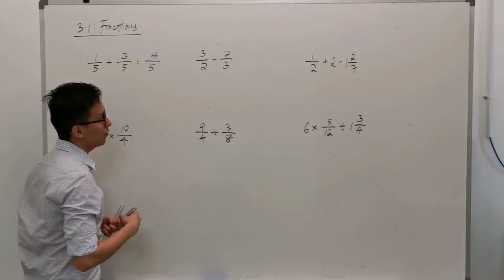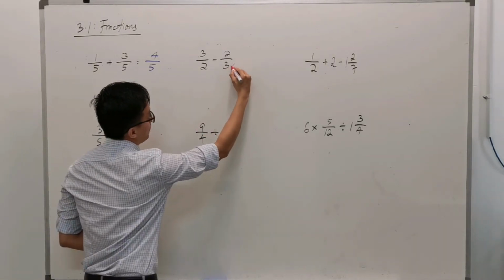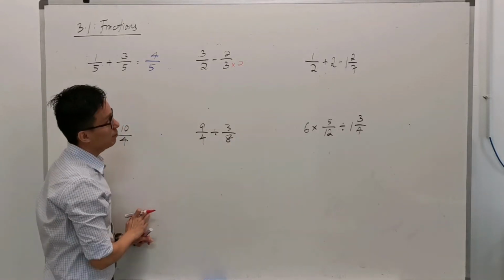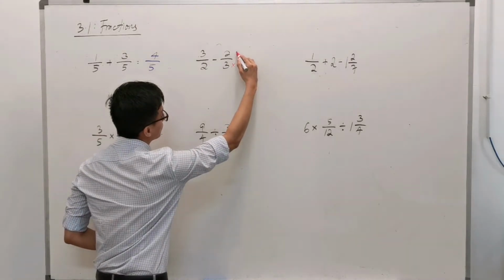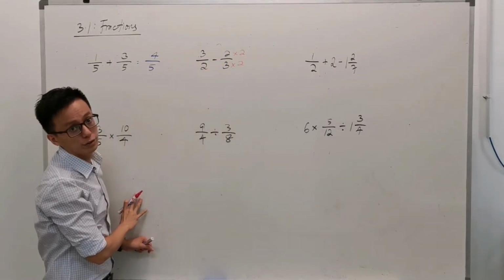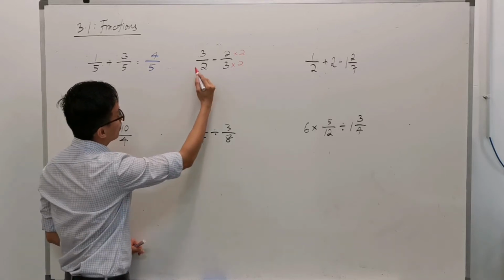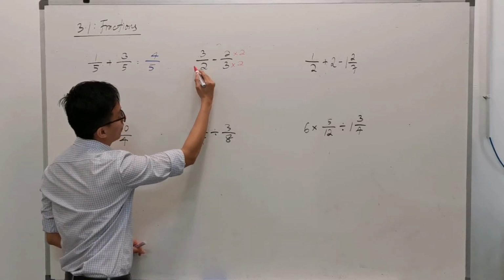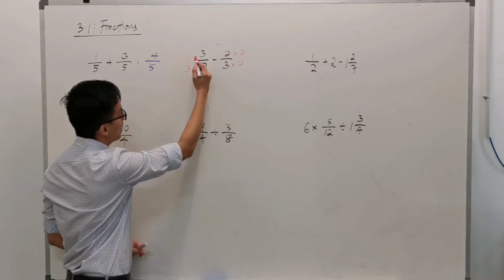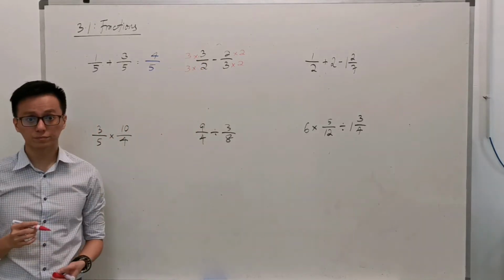So what are we going to do? For 2, if you want to get 6, I have to times 3. At the same time, I also have to times 3 to the numerator. Same as here, for 3, if I want to get 6, I have to times 2, and the numerator also has to times 2.